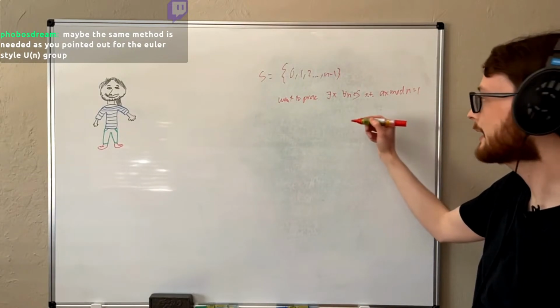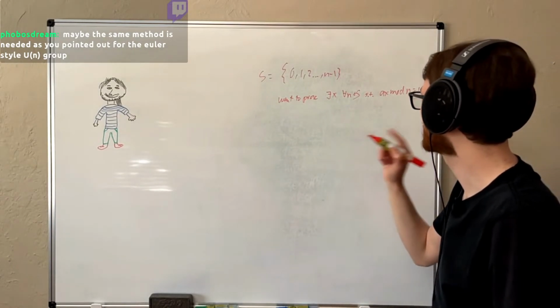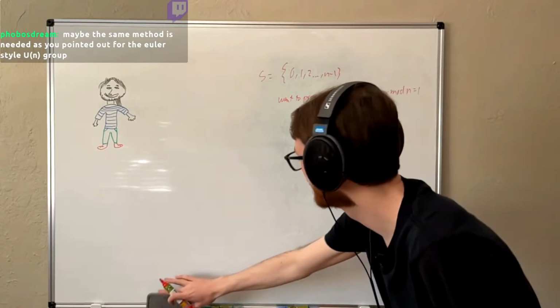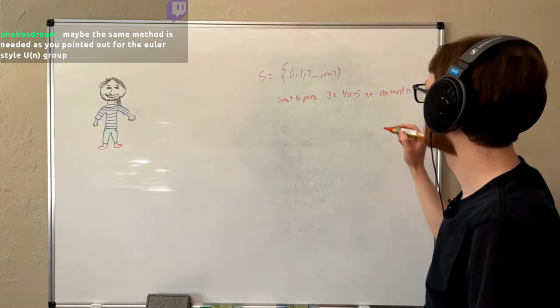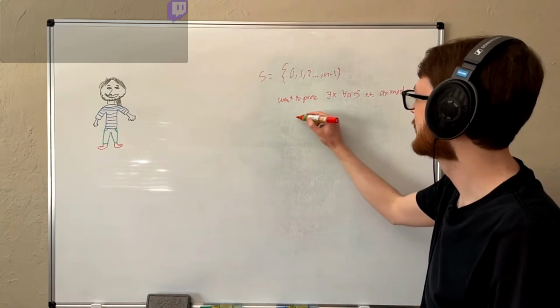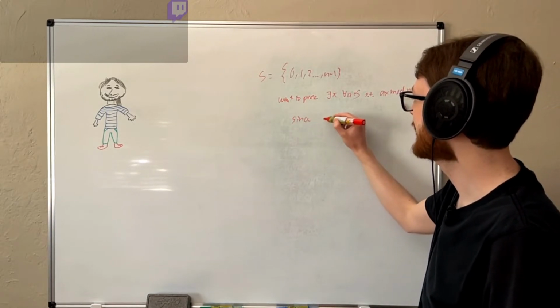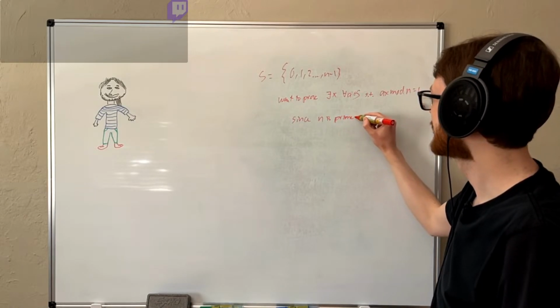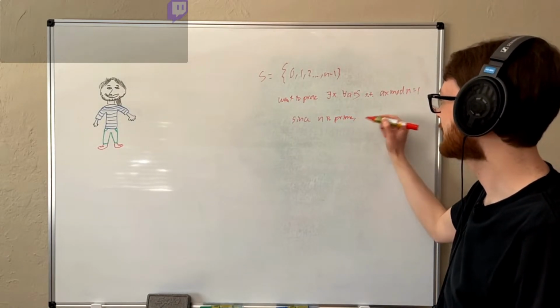And if you know that n is prime, this is my idea for how you do it. I don't know if this is right.